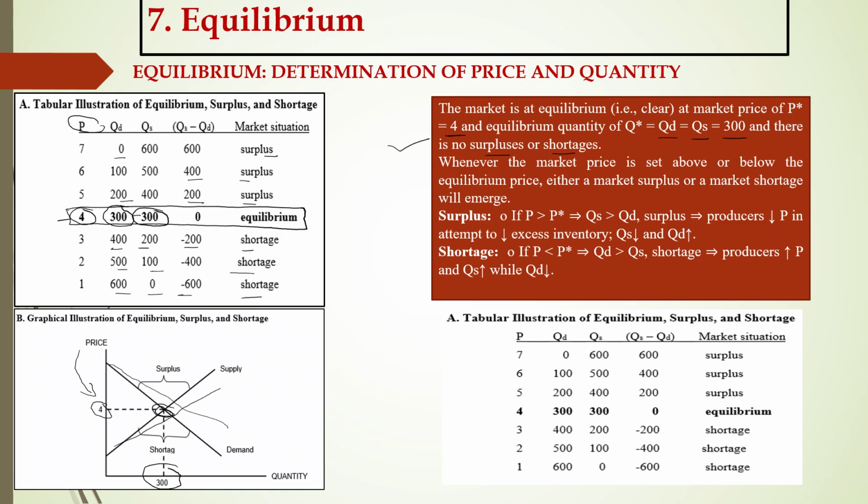If you set the price above 4, if the price is 5, 6 or 7, what will happen? There will be a surplus in the market. When the price is more than the equilibrium price, there will be a surplus in the market. And when the price is less than the equilibrium price, 1, 2 or 3, which is less than 4, there will be a shortage in the market.